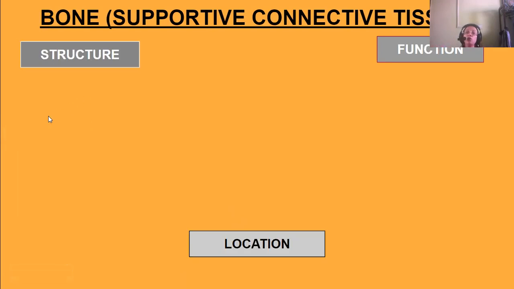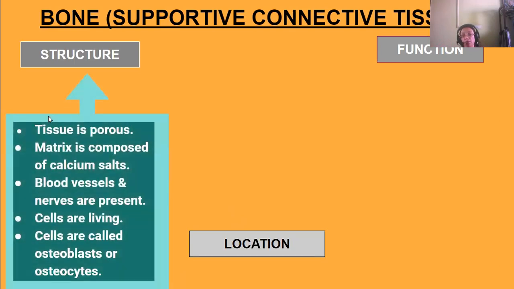How do the bone cells look? Here, the bone tissue is porous. As we mentioned, the cartilage tissue is non-porous, but the bones are porous. The matrix is composed of calcium salts, whereas in cartilage the matrix was composed of proteins.